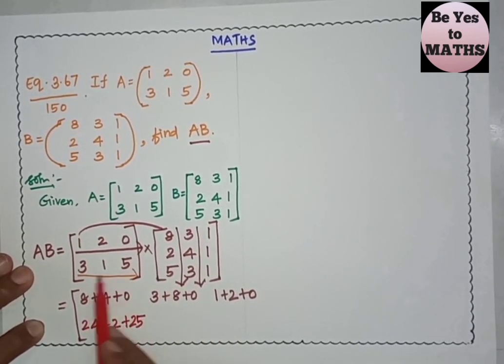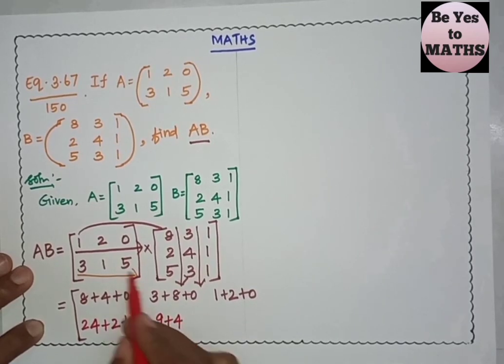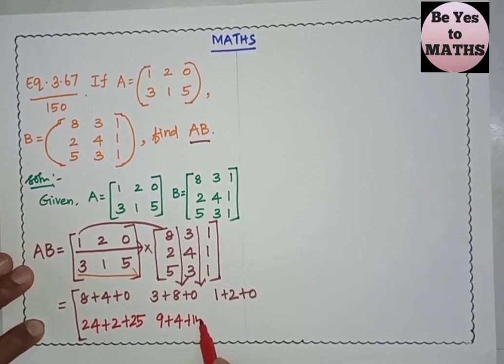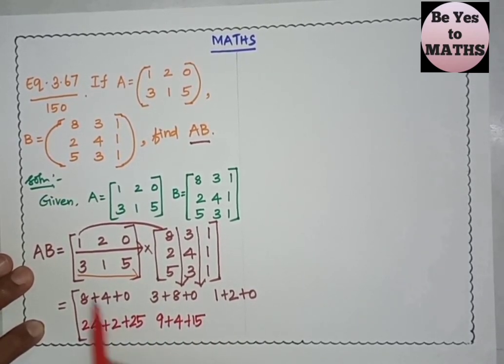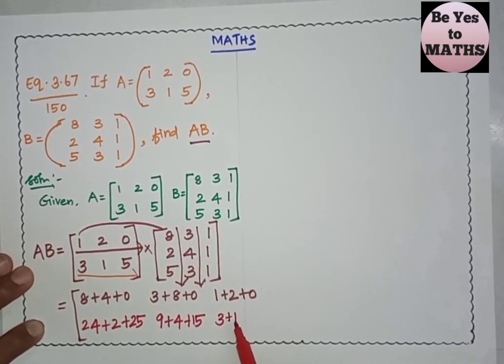Now second row with second column. 3 3s are 9, 1 4s are 4, 5 3s are 15. Now second row with third column. 3 1s are 3, 1 1s are 1, 5 1s are 5.